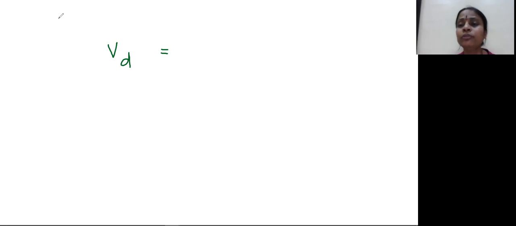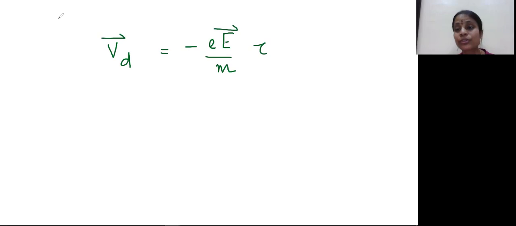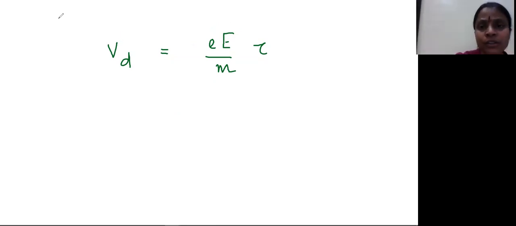Right now, I know that it is going to be minus e E by m into tau, if I write it in vector notation, because the electrons are going to drift in a direction opposite to the direction of the applied electric field. We have a negative sign. Now, what if I consider only the magnitude of the drift velocity? Then I have Vd equal to eE by m into tau.